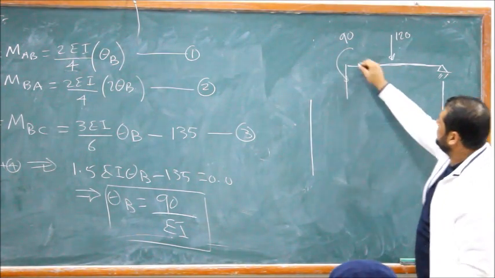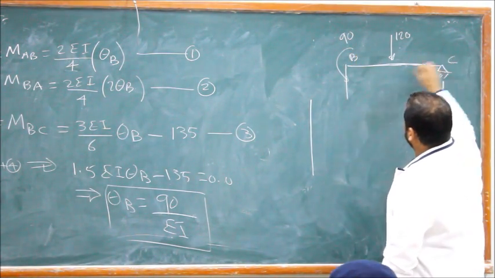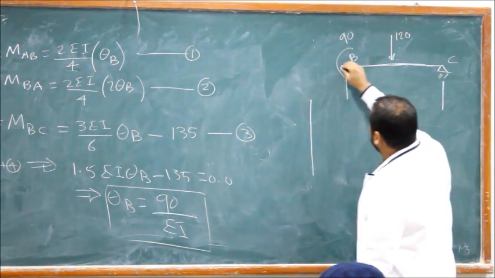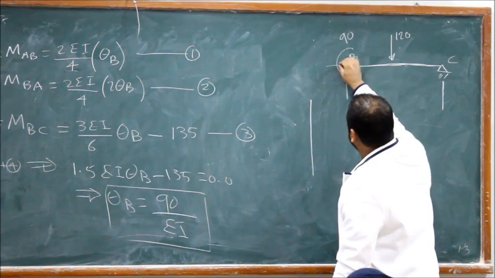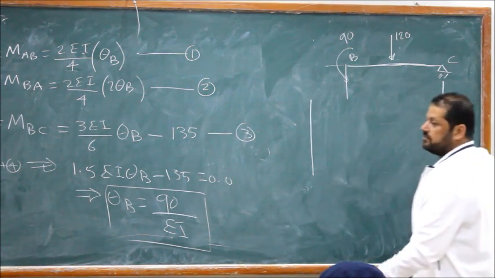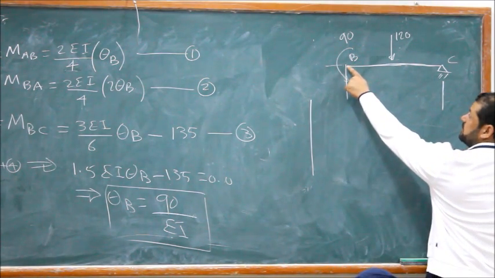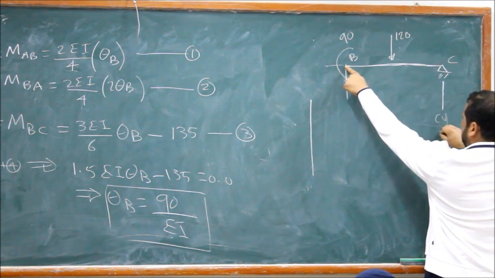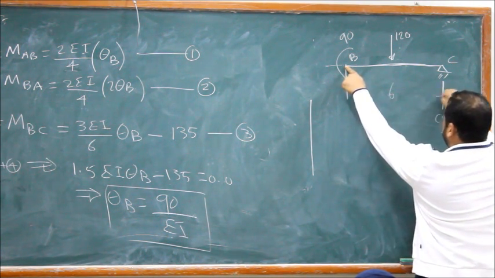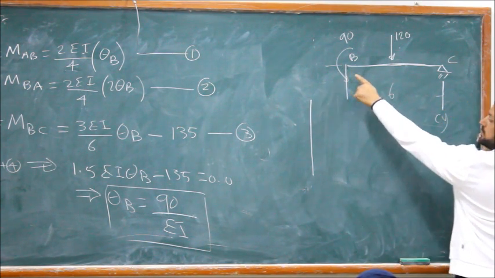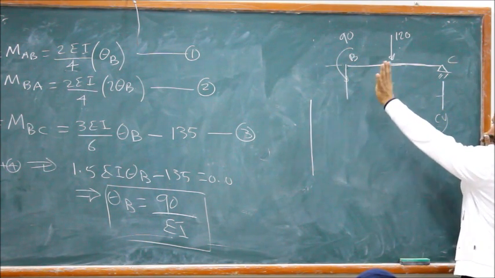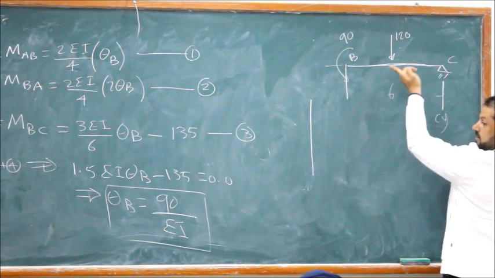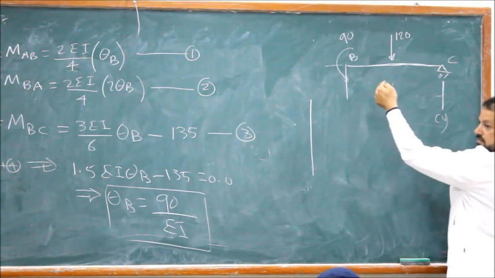Right? This is B and this is C. So we have a shear here and the reaction. For now, if you take the sum of the moment here equal to 0 to find CY, this is counter, this is counter, right?